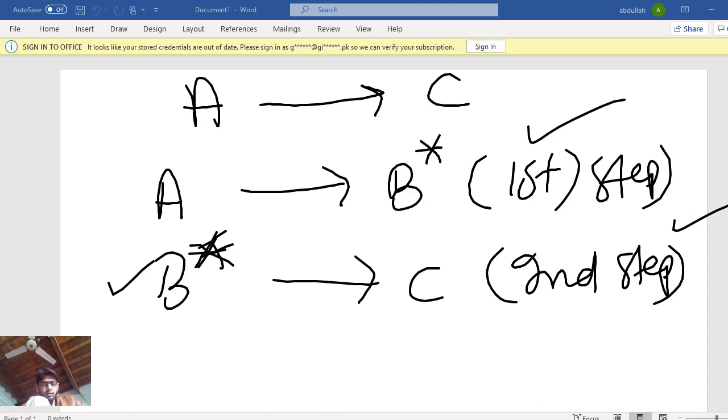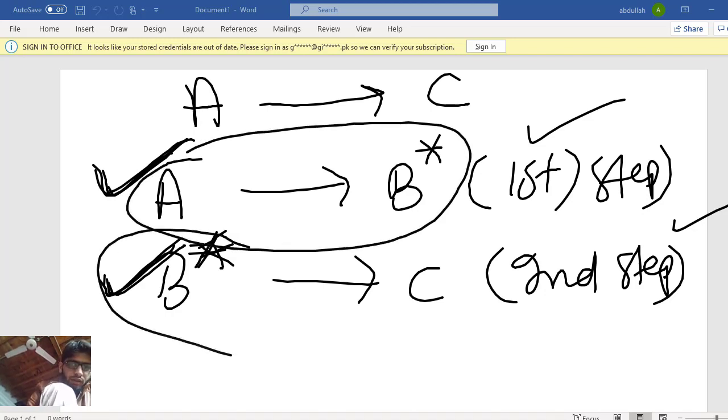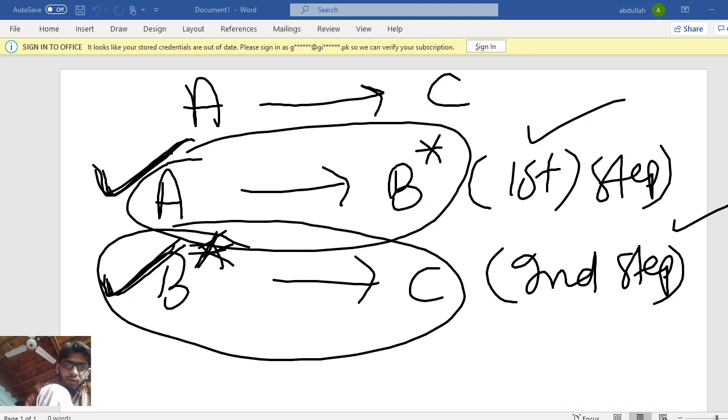Each step of this mechanism is called an elementary reaction. This is one elementary reaction and this is the other elementary reaction. Each step of the reaction mechanism is known as an elementary step or elementary reaction.